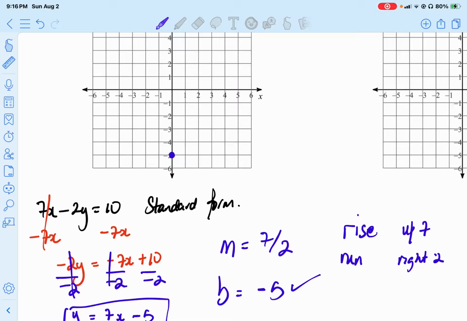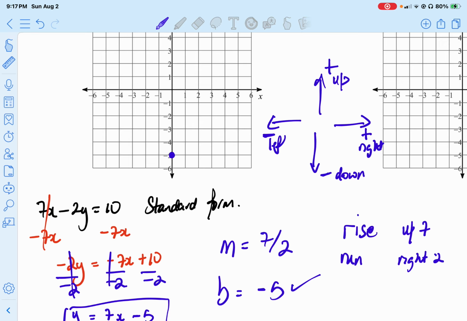If it's all positive, it's up to the right. So look, up, down, right, left. Positive, negative, positive, negative. So it's going to be up 7, right 2.